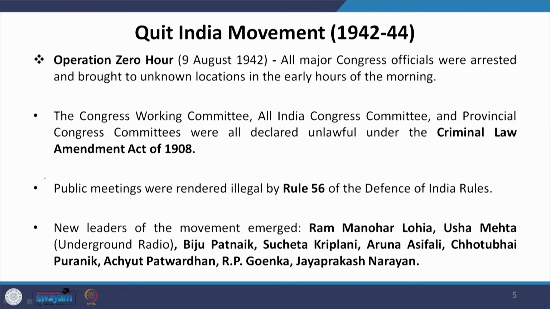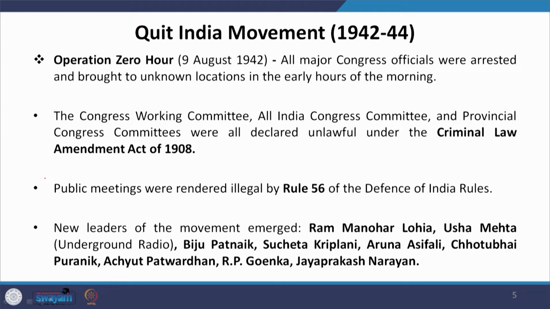Then the Congress Working Committee, the All India Congress Committee and Provincial Congress Committees were all declared unlawful under the Criminal Law Amendment Act of 1908. Public meetings were rendered illegal by Rule 56 of the Defence of India Rules.